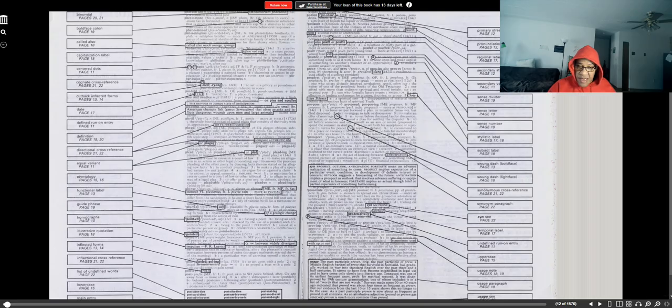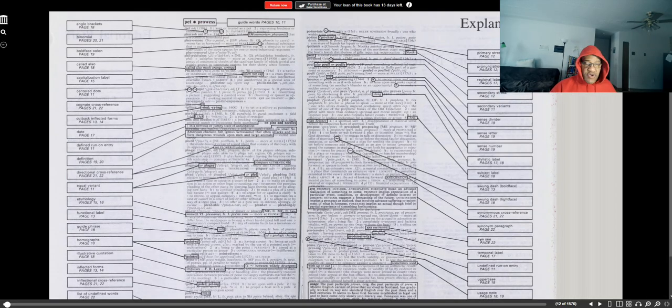This is the same dictionary, but when you go to the front of the dictionary, you're going to see this little chart.